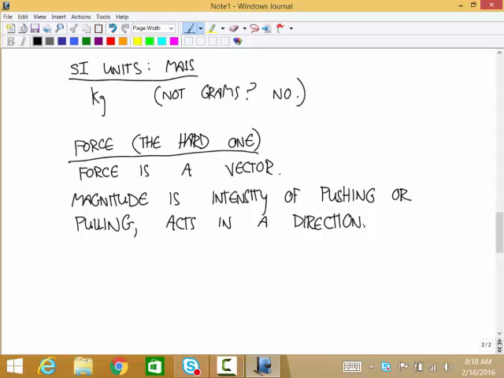The way we're going to do it in this class is we're going to break down forces into 5 separate types, and for each one of those types we're going to know what direction it's pointing, and then we're going to use that known direction to figure out vector components.